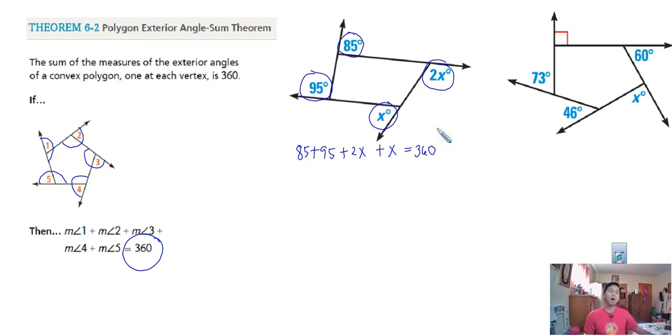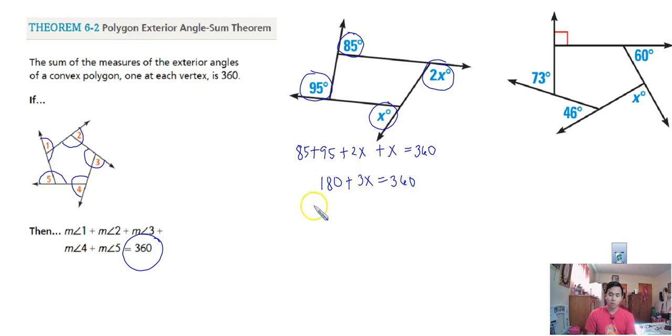Please do not mix up the exterior and interior angle theorems, because they are different: exterior is the outside and interior is the inside. So 85 plus 95 is 180, plus 3x is equal to 360.